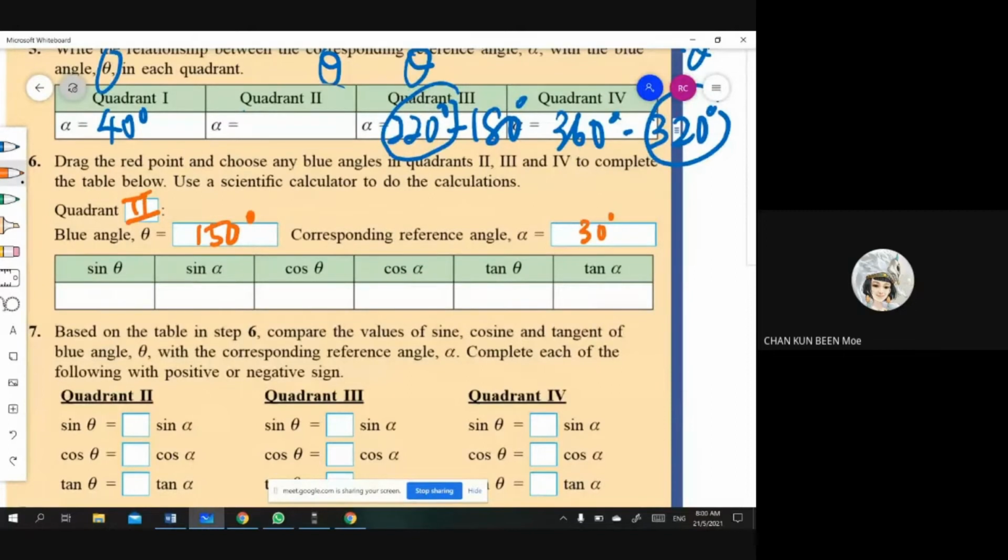Now we are going to find each of the angles by substituting the value of the theta. Do you have your calculator with you? Take out your calculator. Okay, so I'm going to find the first one, sine theta.